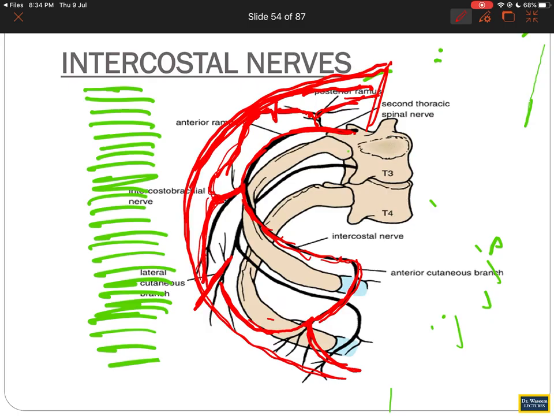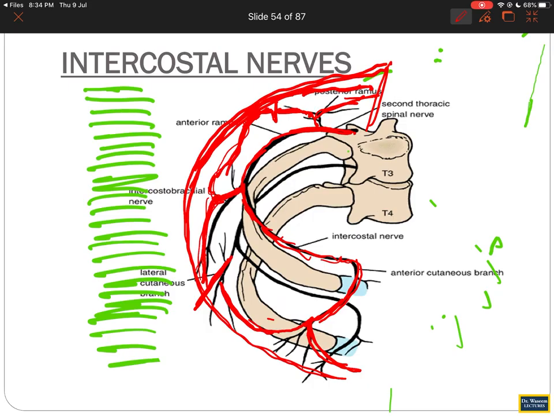These are called dermatomes, and these are oblique bands of skin. Why oblique bands? Because the nerves themselves are oblique. Such bands of your skin are supplied by these nerves.